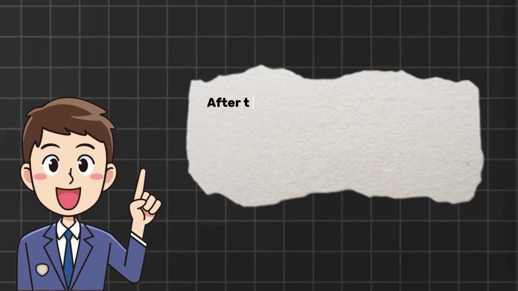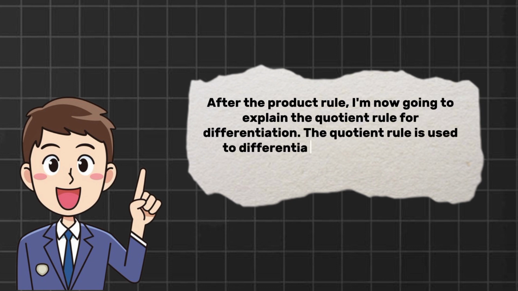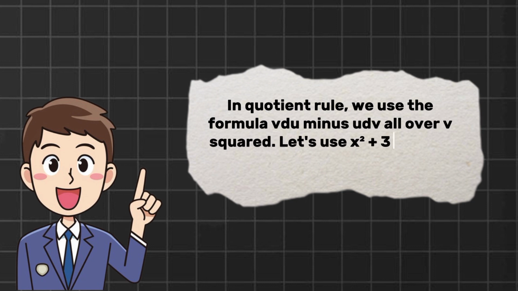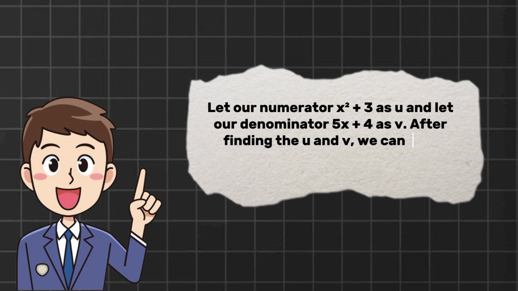After the product rule, I'm now going to explain the quotient rule for differentiation. The quotient rule is used to differentiate functions that are divided by each other. In the quotient rule, we use the formula v du minus u dv all over v squared. Let's use x squared plus 3 over 5x plus 4 as an example. Let our numerator x squared plus 3 be u and let our denominator 5x plus 4 be v.